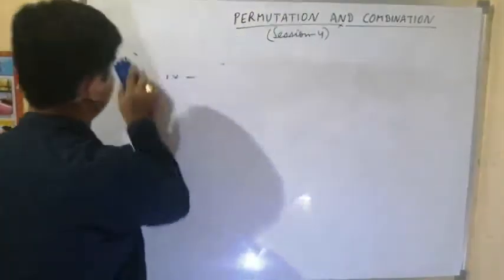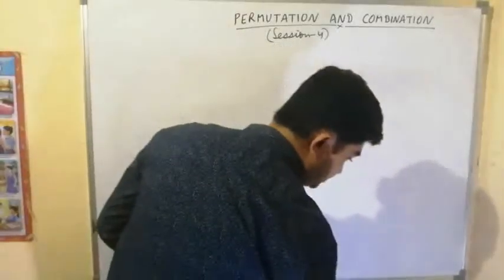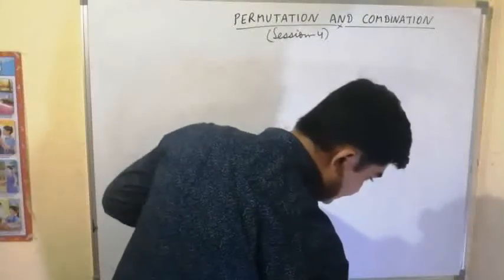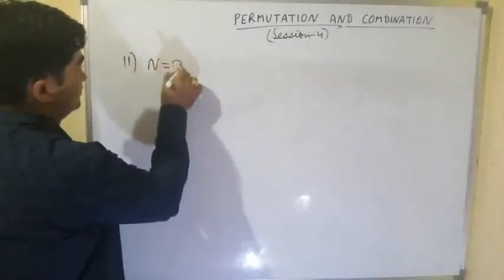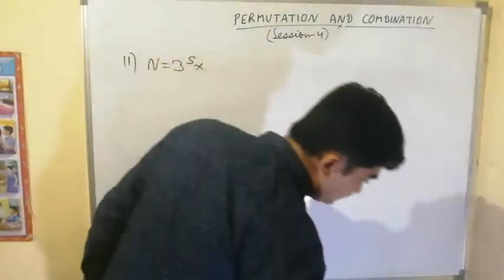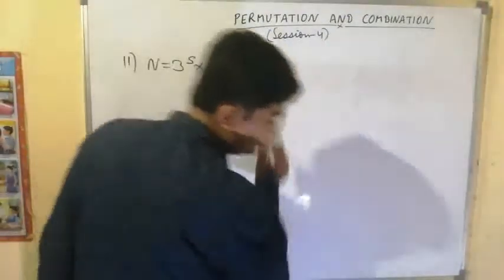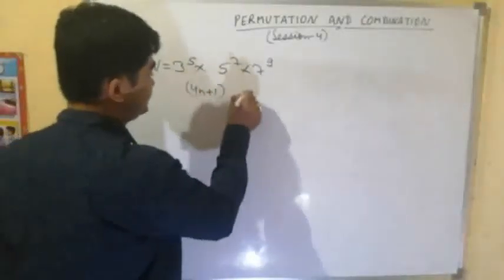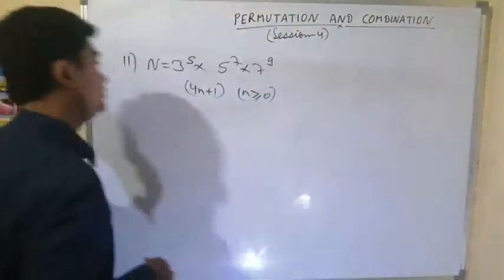Then we'll do question number 11. Question number 11 is the number of divisors of n, which is equal to 3 power 5, 5 power 7 and 7 power 9, that are of the form 4n plus 1, where n is greater than or equal to 0, is equal to dash.